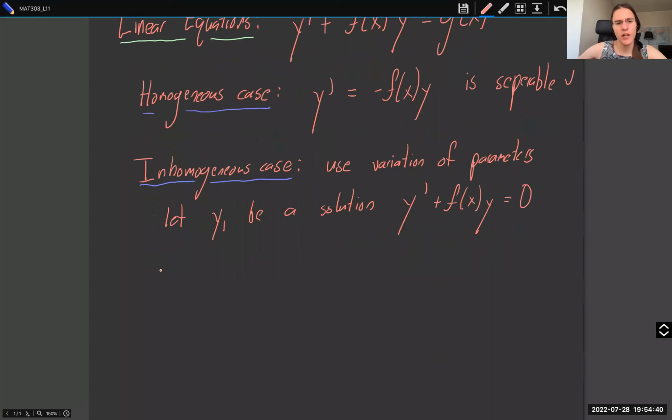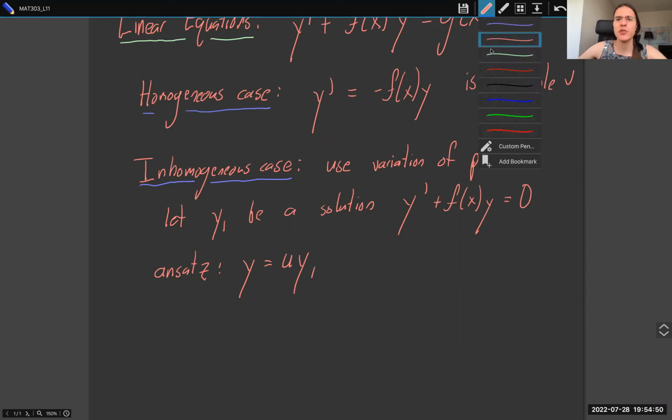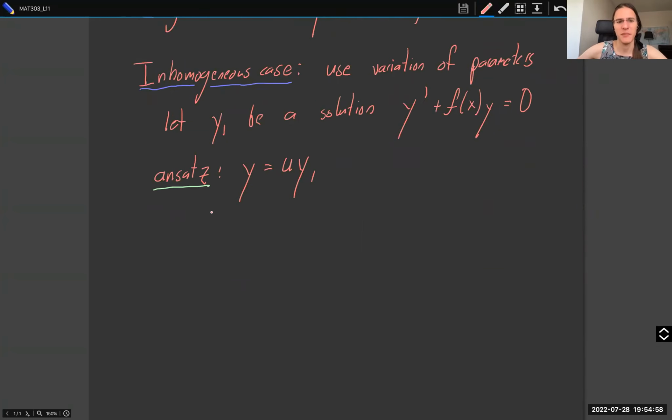And then use the ansatz that y is equal to u y1. This was pretty new and novel and interesting when we did it, but at this point, we've been doing so much variation of parameters that this is just old. We're used to this by now. So I'll just write it out.